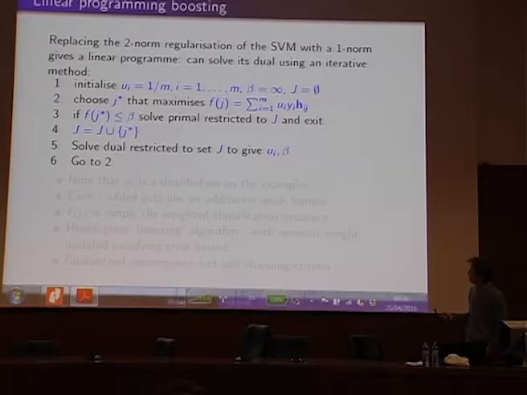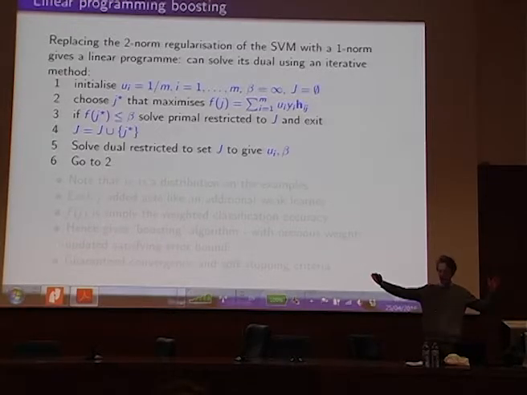Essentially, you have an iterative method where you work with some distribution over the examples, and you generate features that you need to use in order to improve the solution. So you start with a small set of features, and then you add features iteratively. So remember, the features are perhaps a very large set.